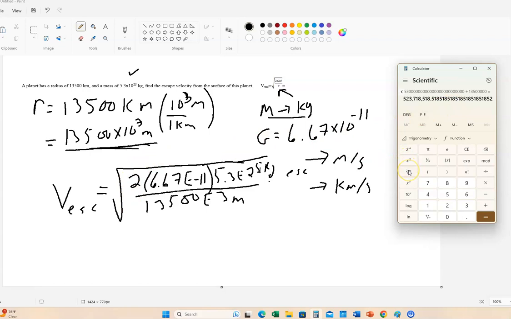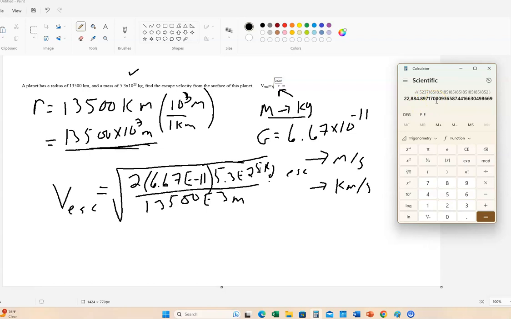We take the square root, and the number that we get is 22,884. I'm going to round to one place past the decimal. It doesn't say that here, but on test situations, it always says round to one place past the decimal or 2 places past the decimal. Remember, this is just some planet.